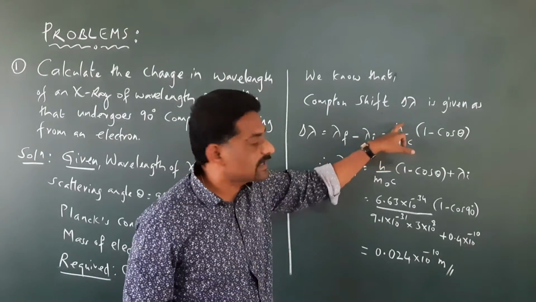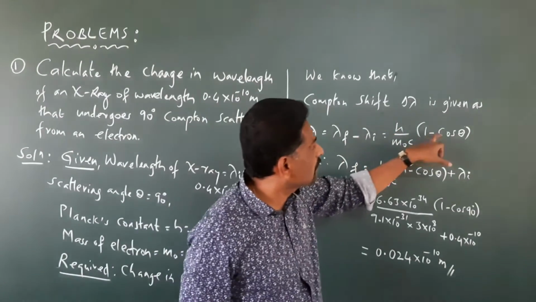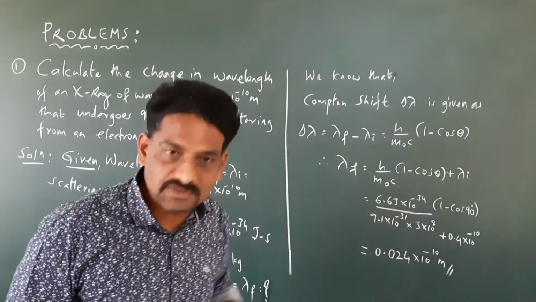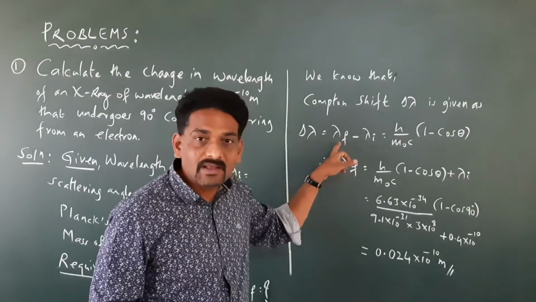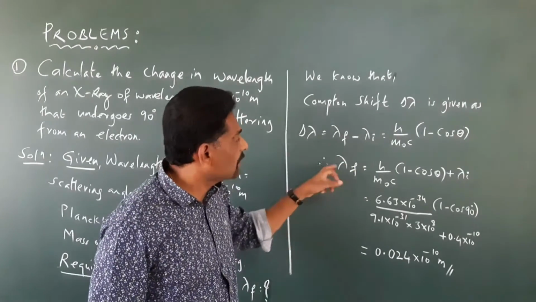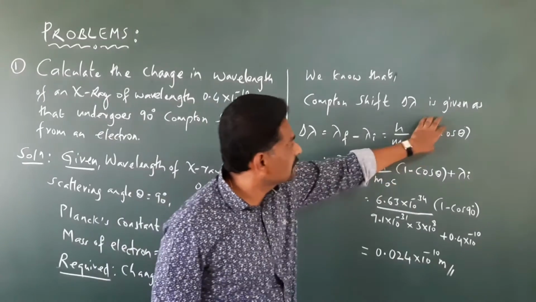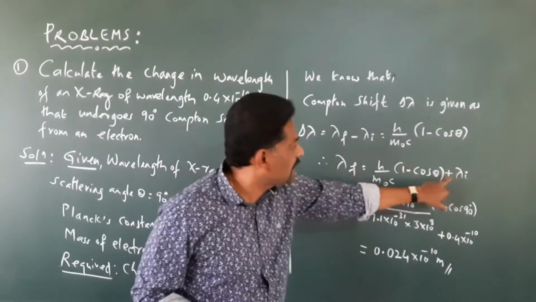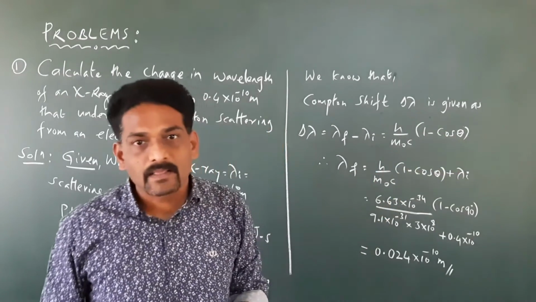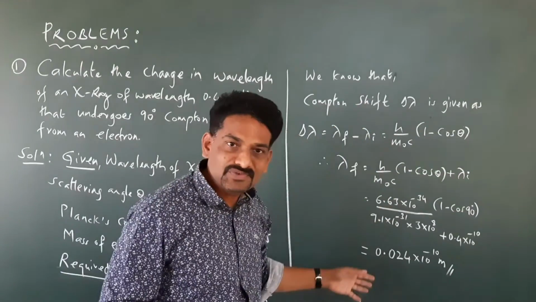That equals h divided by m0 c into 1 minus cos theta. That is the formula for Compton shift. But what we are supposed to calculate is lambda f. Therefore, lambda f equals this term kept as it is, plus lambda i taken to the other side.